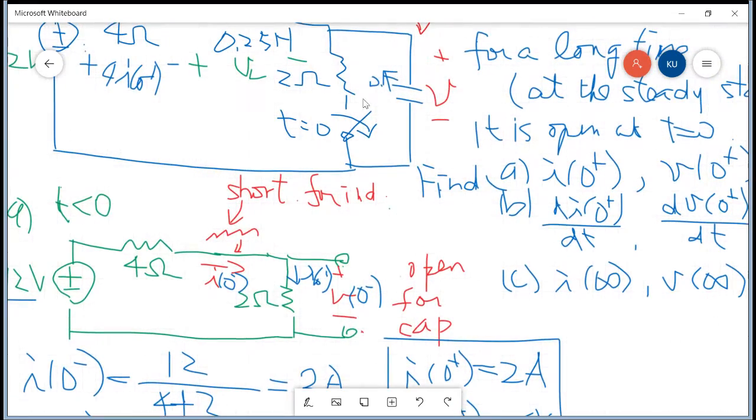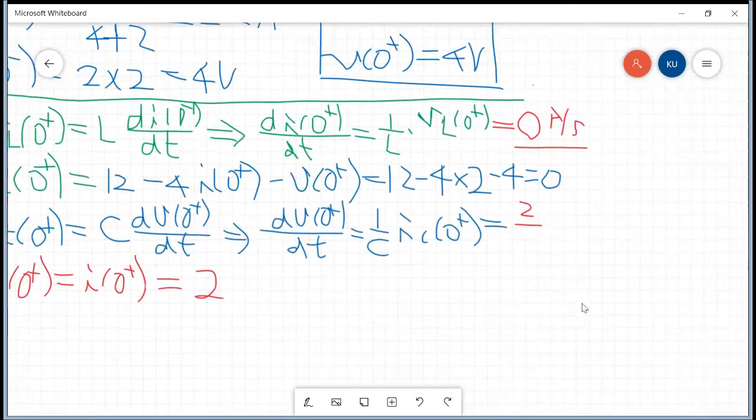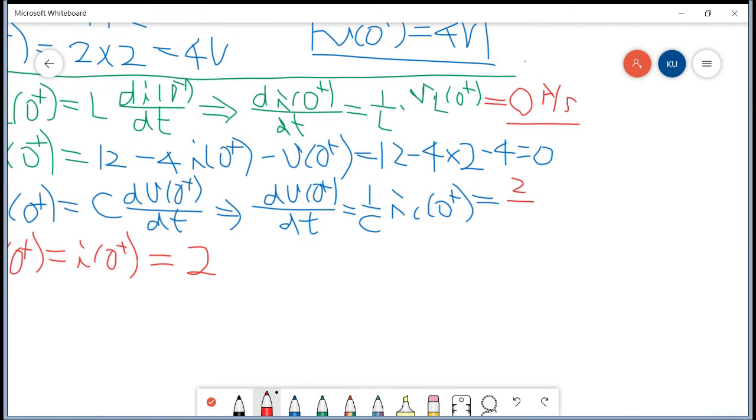The capacitance is 0.1 F. So it is 20. SI unit is V over S. So this is the answer.